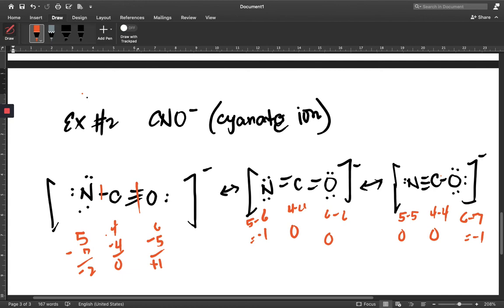Okay, so which do you think is our most stable structure? If you're saying this one, then you're correct. Okay, because the negative 1 resides on oxygen, which is more electronegative than nitrogen if you try to look at it in the periodic table.